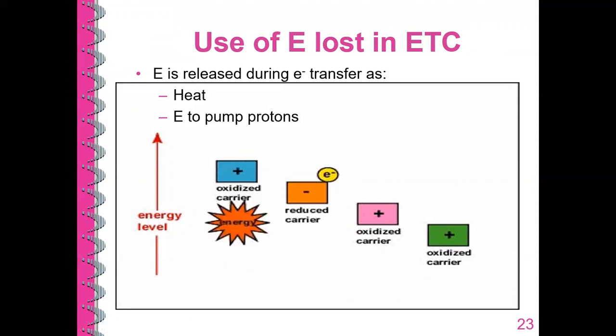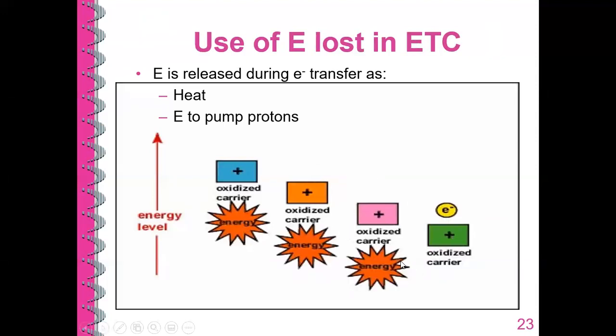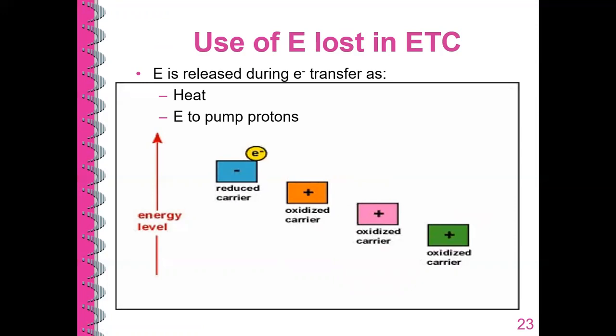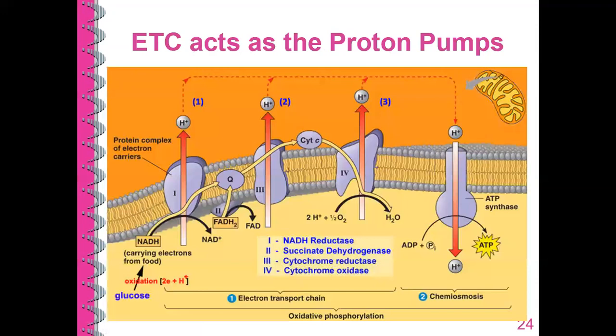See? So when it's transferred, energy is released. Then transfer again, energy is released. Then transfer again, energy will also be released. Okay? So this is what happens in the ETC when electrons are being transferred. When there's no electron being transferred, of course, no energy is released. Okay?